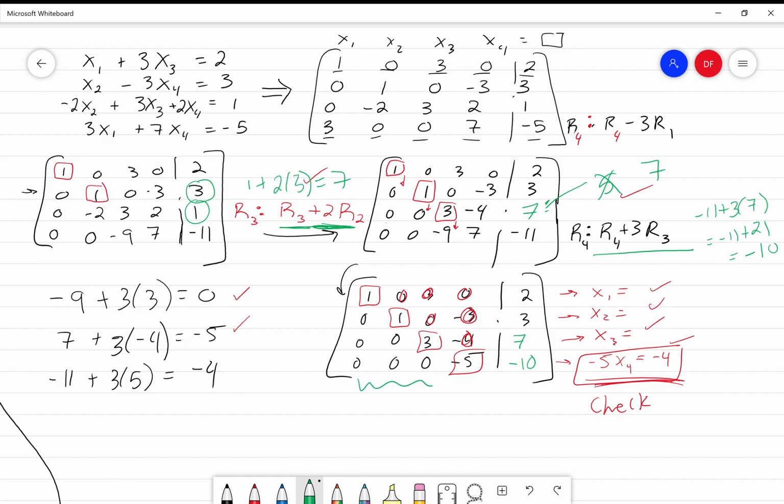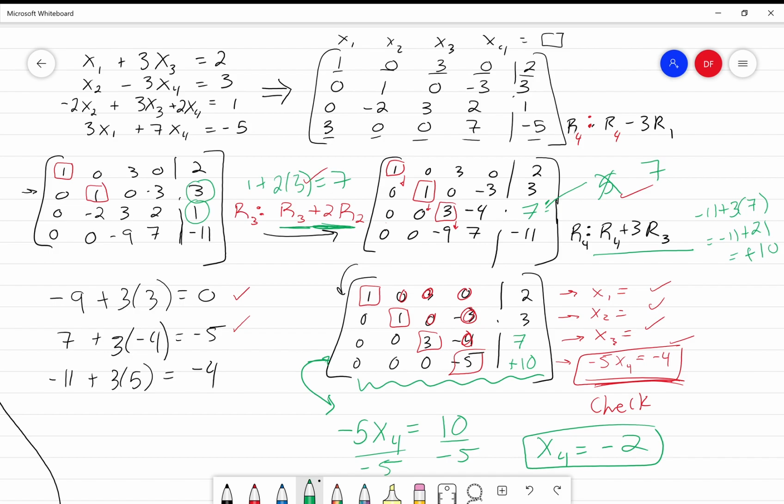So from this equation here, we get negative 5x4 equals, this should be positive 10. So when I divide by negative 5, I get x4 equals negative 2, which is the correct answer.